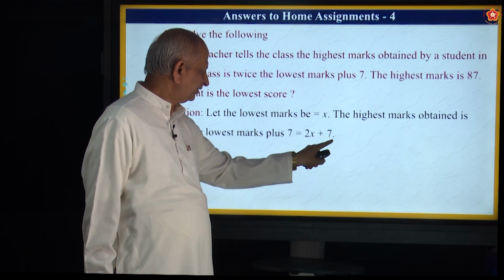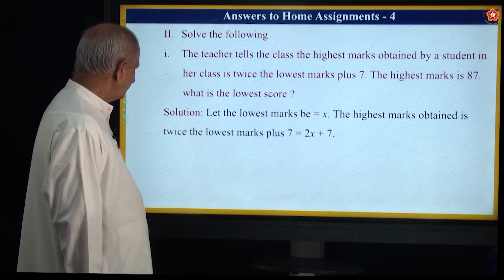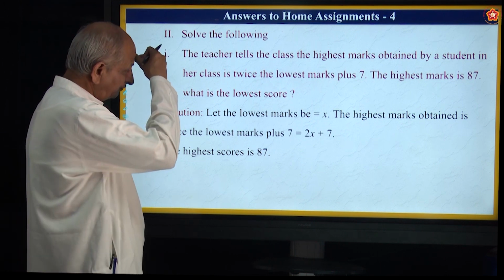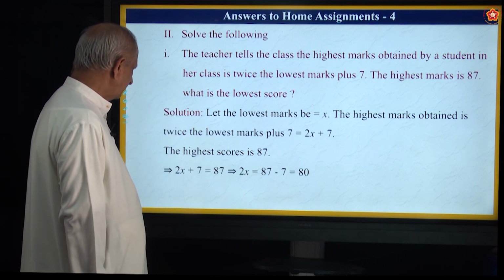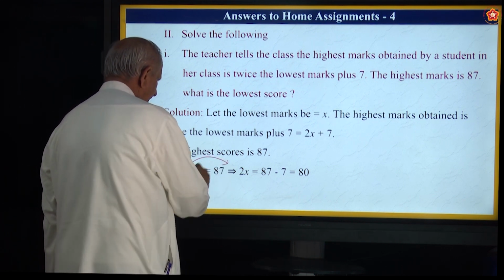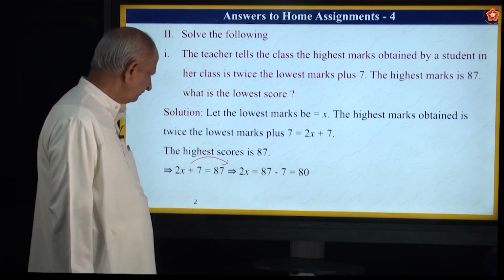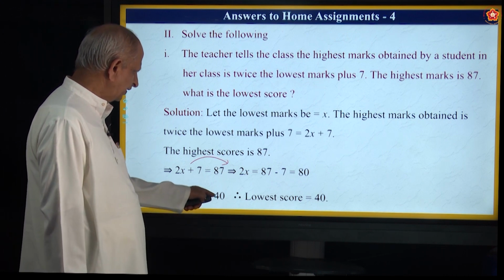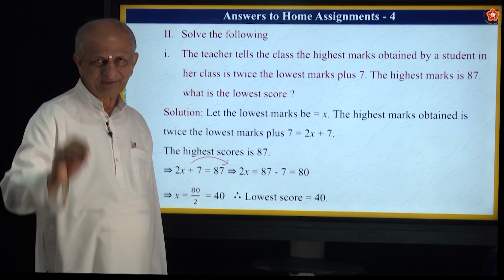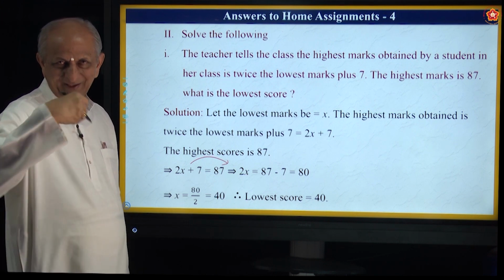So 2x plus 7 is equal to how much? 87. So highest score is 87. So 2x plus 7 becomes equal to 87. So bring this 7 to right hand side. You get 2x equal to 87 minus 7, that is 80. So x is equal to 80 by 2, that is 40. Lowest score is 40. Got it? Okay, note down. You must write down whenever you explain. Okay?